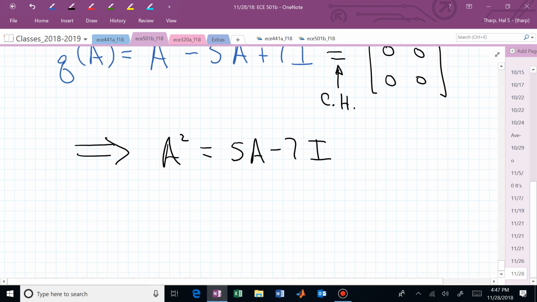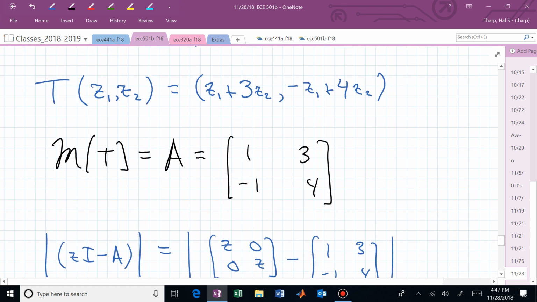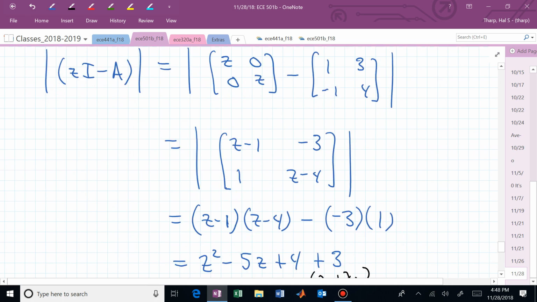What do we also know? What if I now handed you this and said, okay, what's the trace of A? Well, based on what we said A was and how we can find the trace of A, that's pretty easy, isn't it? We just sum the diagonals.